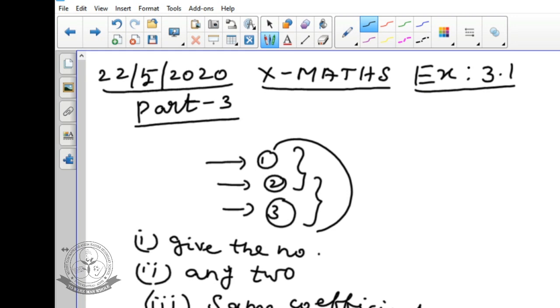Then we have to see whether the signs are plus or minus, positive or negative. Suppose both are positive, we have to add. But if one is positive and another is negative, we have to subtract. Like this we get one new equation.